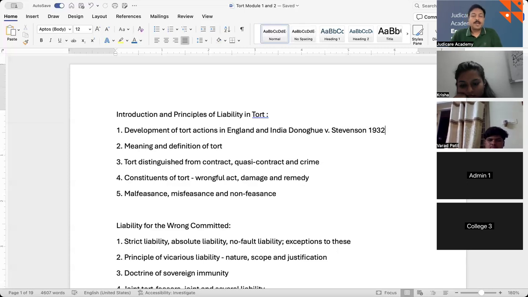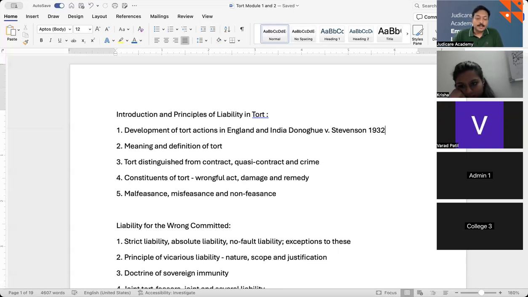When we compared yesterday tort versus quasi-contract, quasi-contract is basically a contract which is not a true contract, as you know, and it is imposed by law to prevent any unjust enrichment to one party. That is a benefit at the expense of another party. So in this liability, quasi-contract focuses on preventing unfair gain rather than establishing liability for wrongdoing as seen in tort. This is also a basic difference as we discussed in detail yesterday.